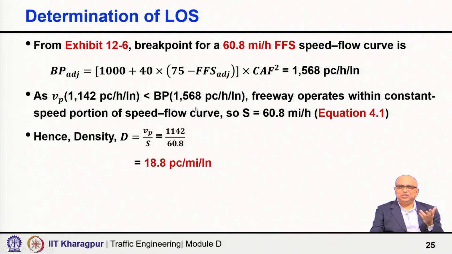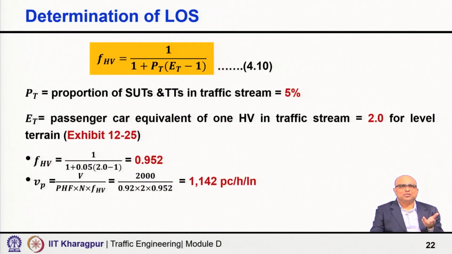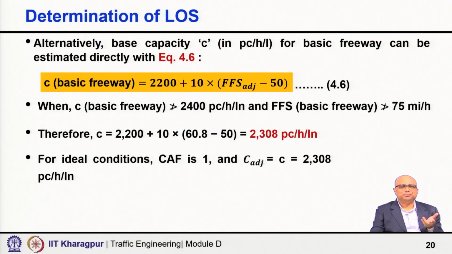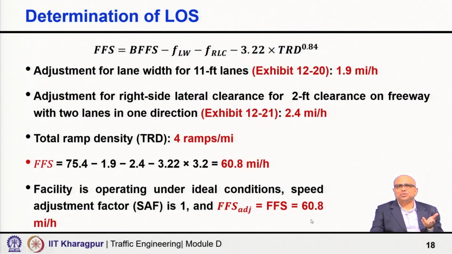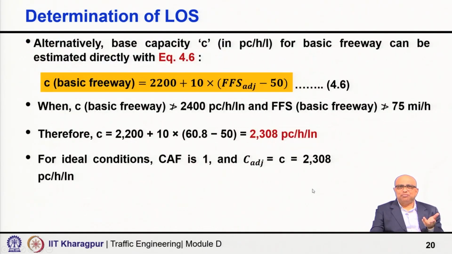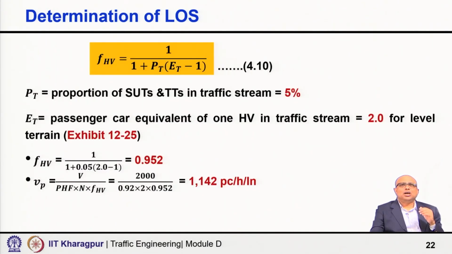So, it is within the break point. Therefore, the free flow speed itself will be there, 60.8 mile per hour, what we calculated earlier. You can see here, 60.8 is the FFS adjusted. So, same value will be there because it is within the break point flow.